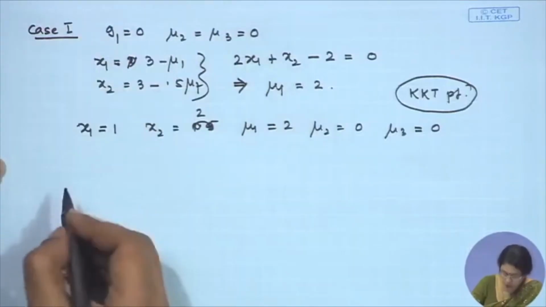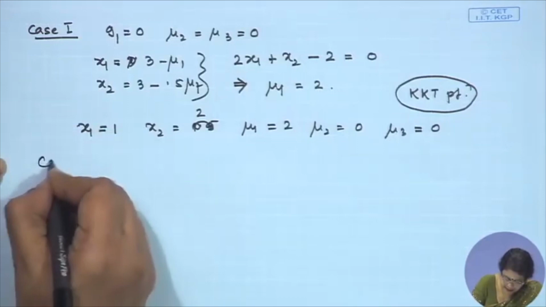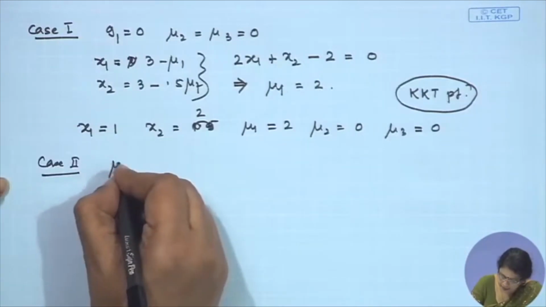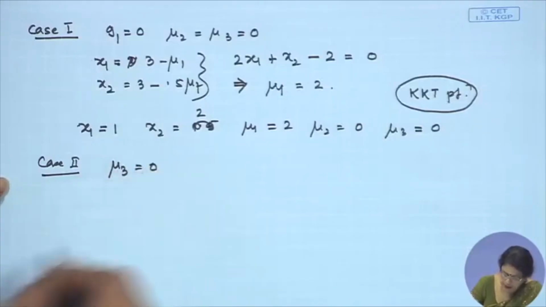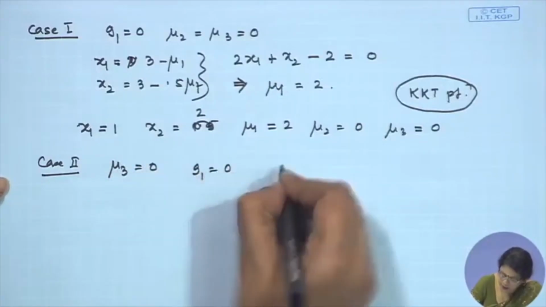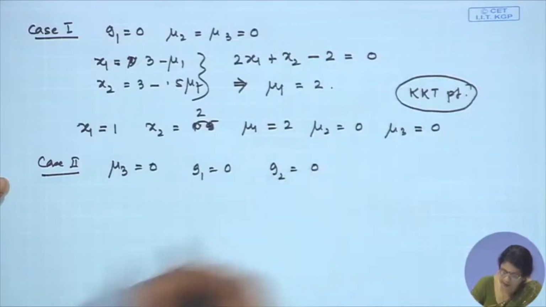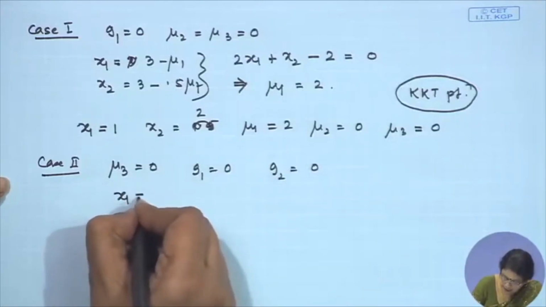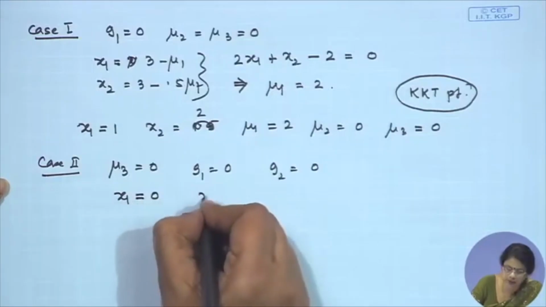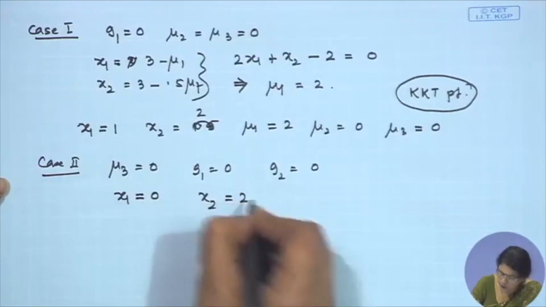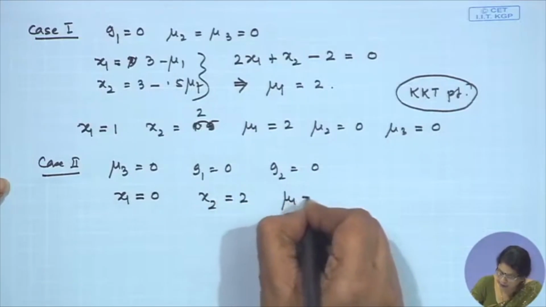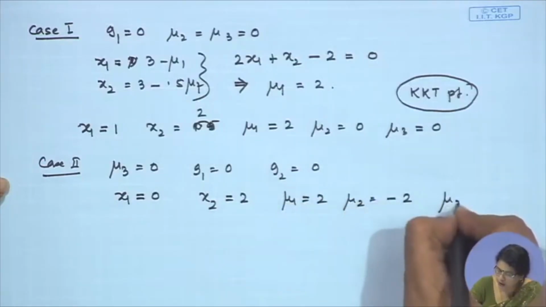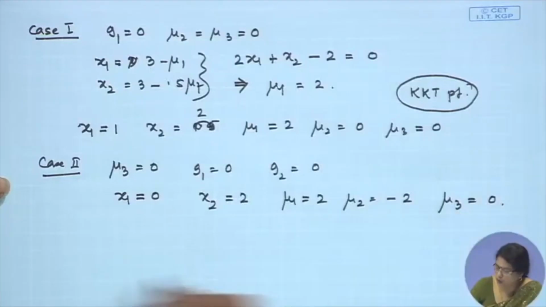Alright. Now, we will go to case 2, where we are considering mu3 equal to 0 only, with G1 and G2 equal to 0, nothing else. After doing the calculations, we get x1 equal to 0, x2 equal to 2, mu1 equal to 2, mu2 equal to minus 2, and mu3 equal to 0.